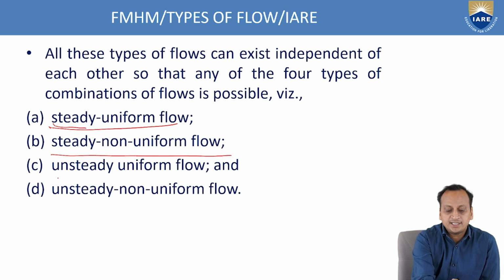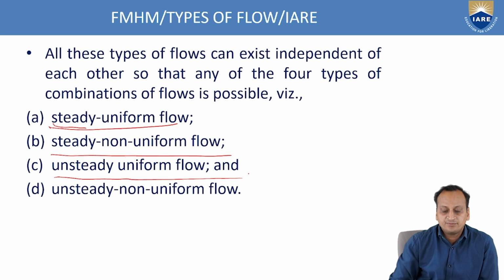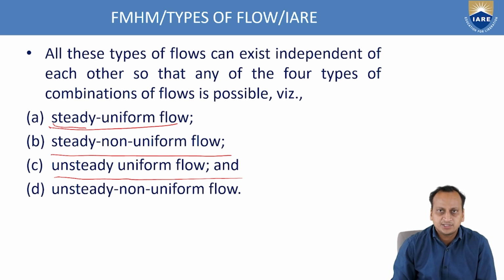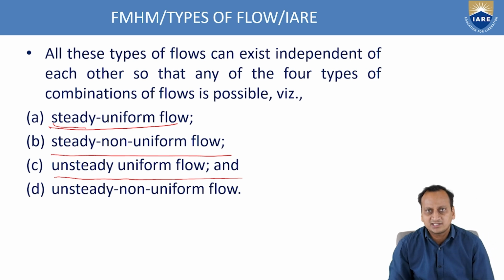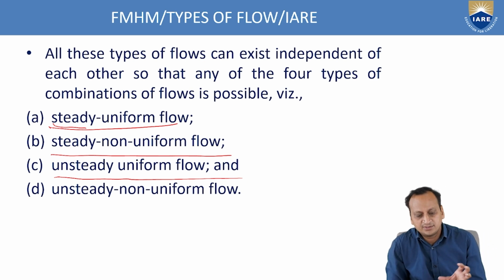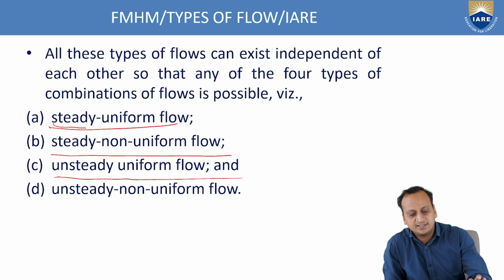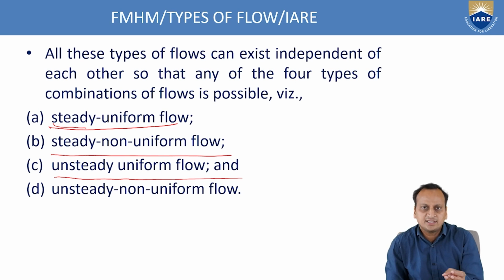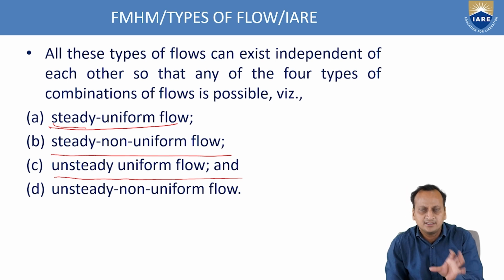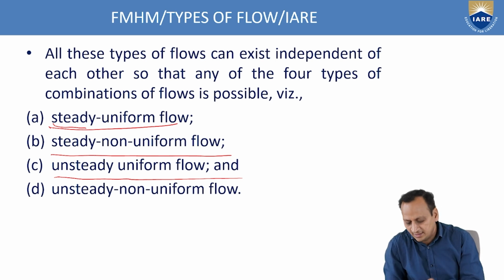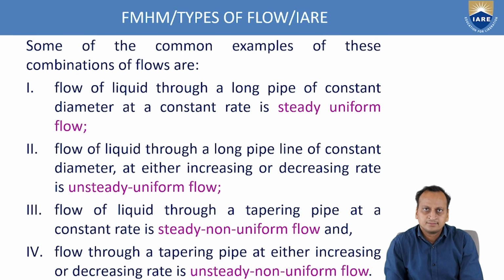Unsteady uniform flow: uniform means where velocity remains constant with respect to space, but unsteady means the remaining fluid characteristics will be disturbed. That is the case of unsteady. Similarly, unsteady non-uniform means with respect to space, the velocity and the remaining fluid characteristics, every characteristic, will vary with respect to time at any instant in a space.